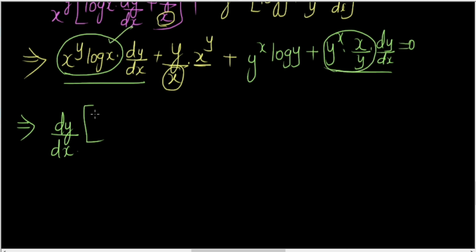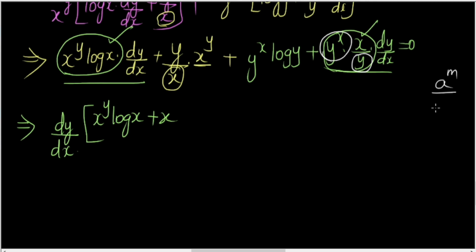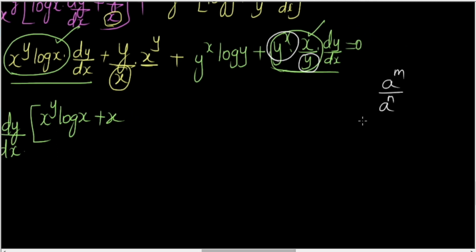So for this one we are getting x power y times log x plus this numerator we can write as it is, but here also y is there, here is also y is there, so we can combine them. So we know that by using the law of exponent, whenever we are having the base to be same and they are in the fraction form with the different powers, we need to subtract the power.